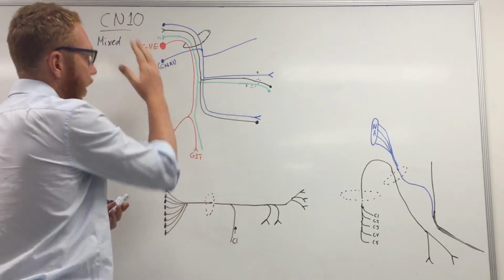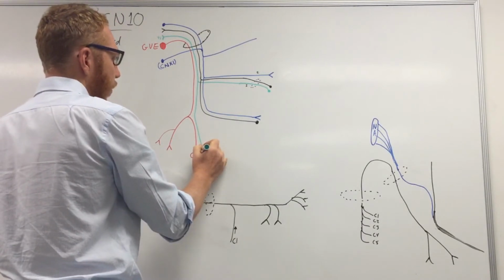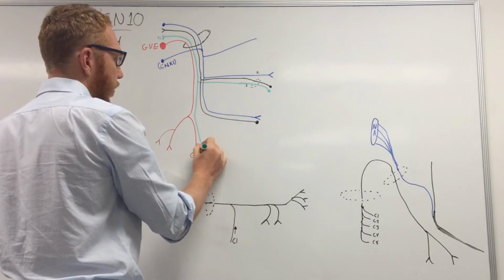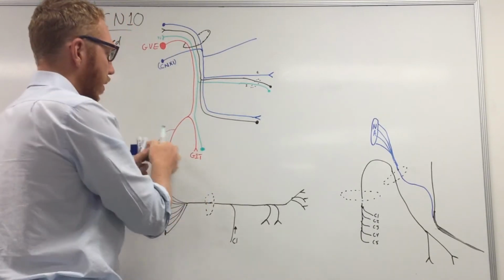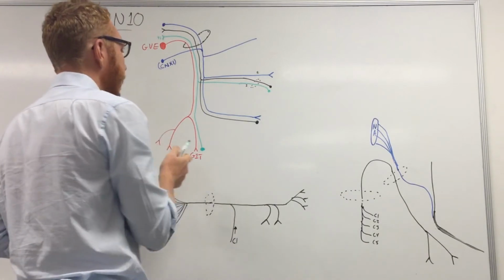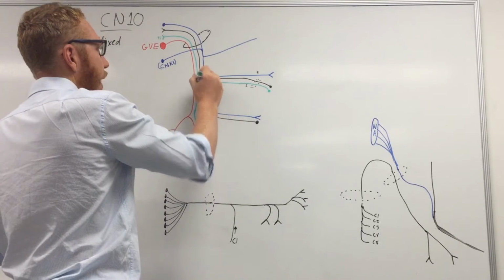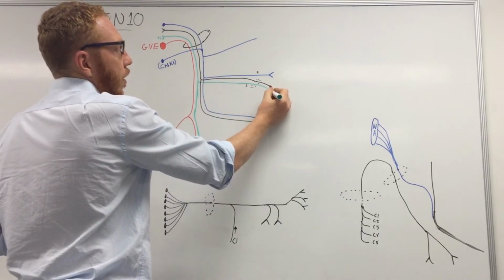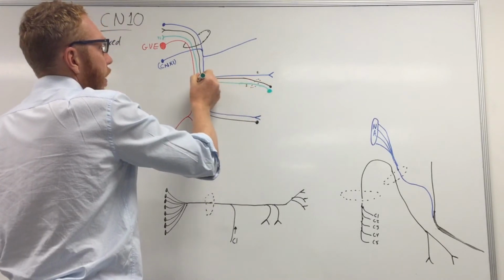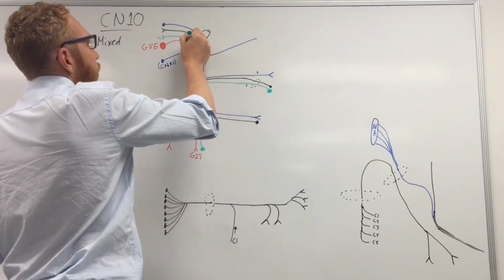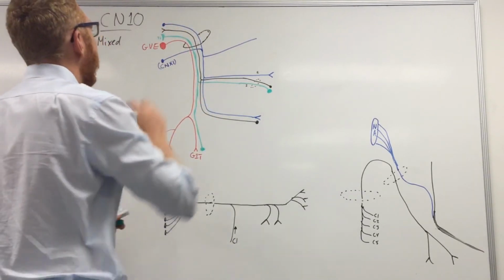Whilst we're there, we're going to take sensory back up. So this is going to be in the green. From the green's point of view, we're coming up, bringing sensation from the viscera on the GIT, the heart, the lungs, etc. It's going to meet some more sensation here in green, which comes back and meets it here, and that's going to go back up through the jugular foramen where it synapses on the tractus solitarius, okay?